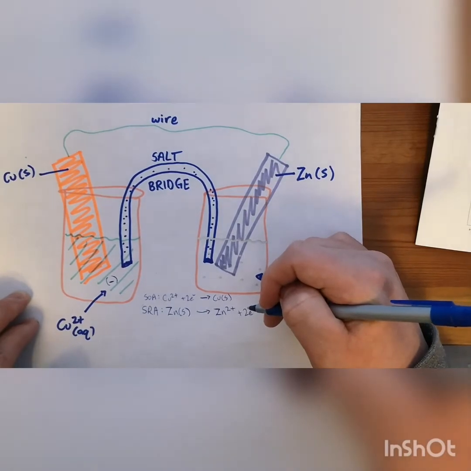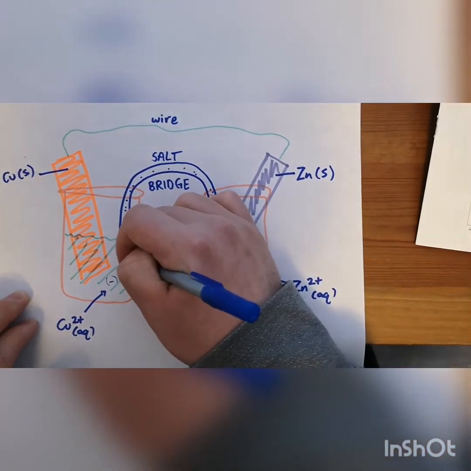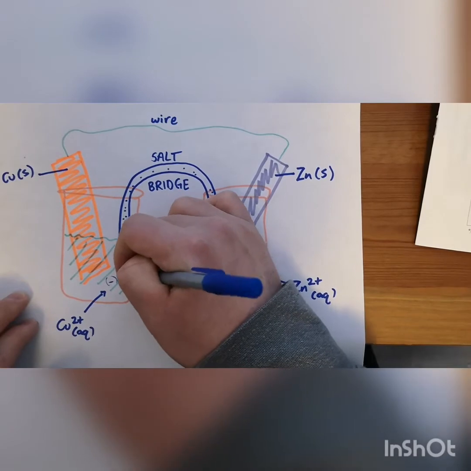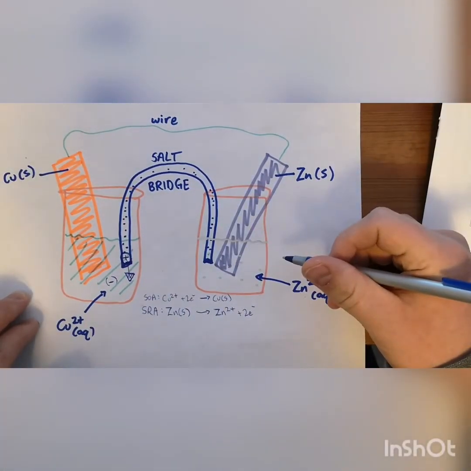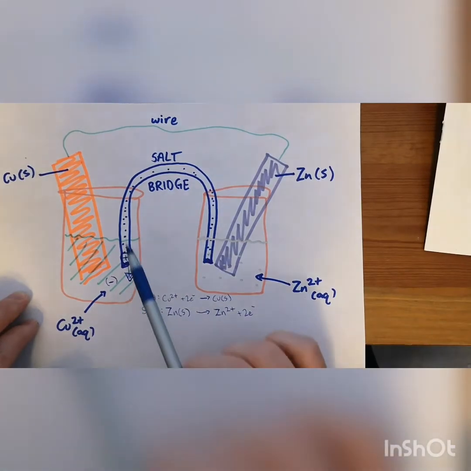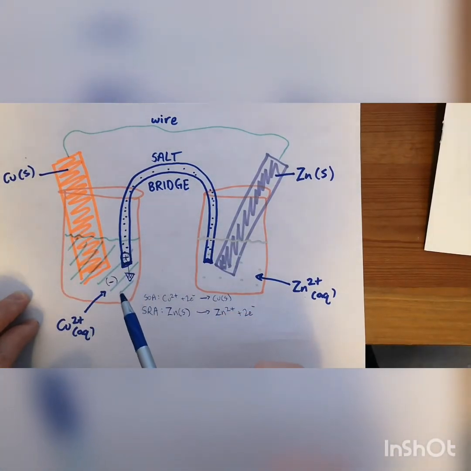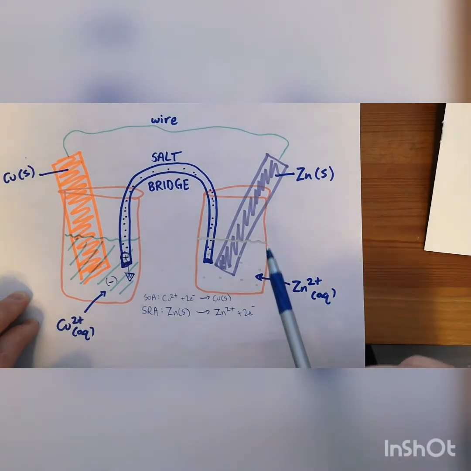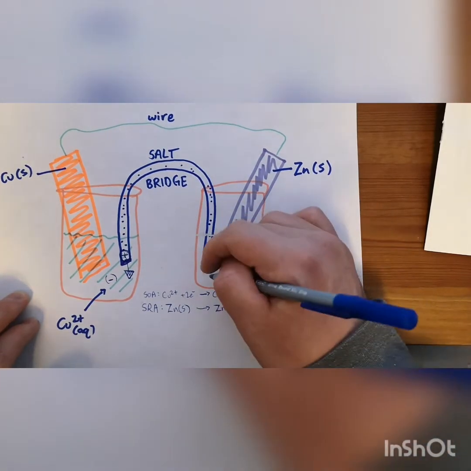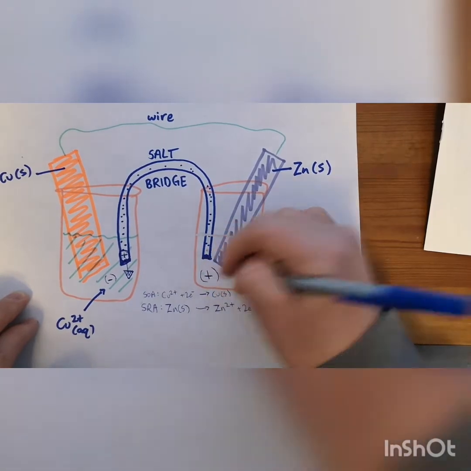Okay? In order to balance that, the salt bridge is going to pop some positive ions in. The positive ions from the salt bridge are going to be attracted to this half cell because it's becoming negatively charged. Similarly, this half cell is losing electrons. That means it's becoming positively charged.